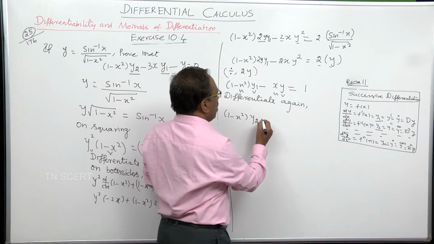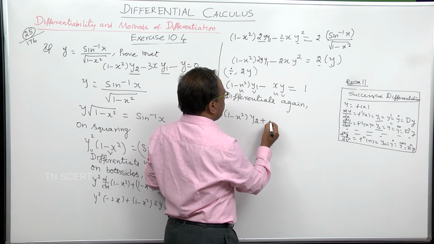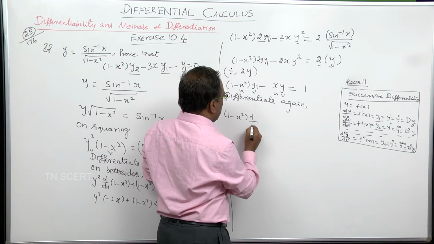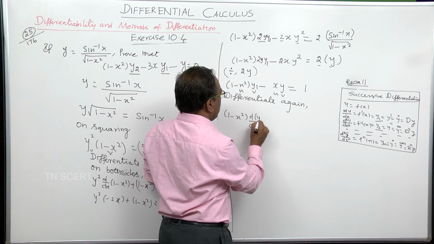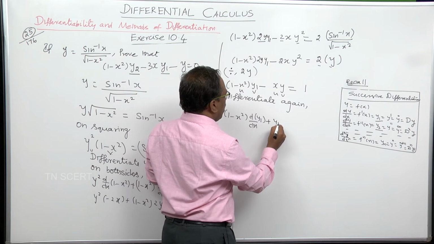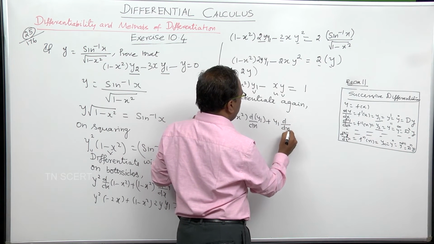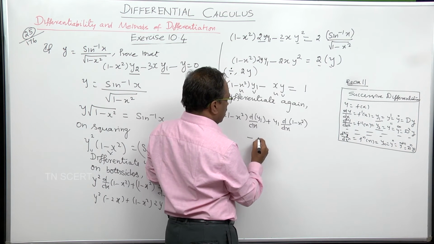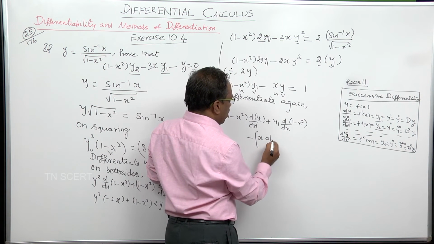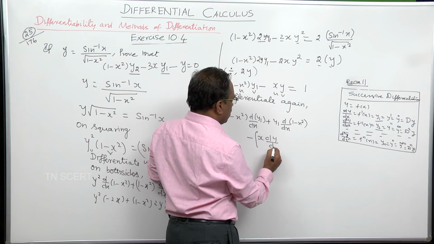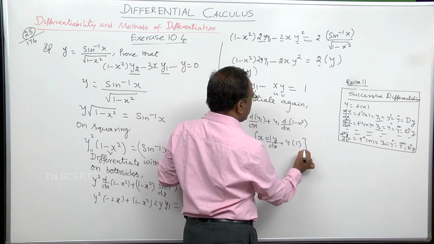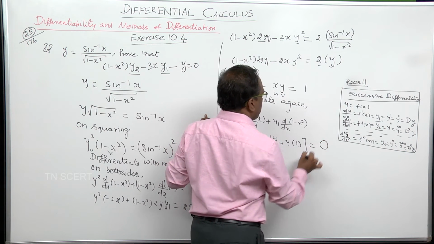Then, because you may be finding it difficult, I can write like that: y1 and differentiation of 1 minus x square, minus x with dy by dx plus y with 1, and right hand side differentiation is 0.